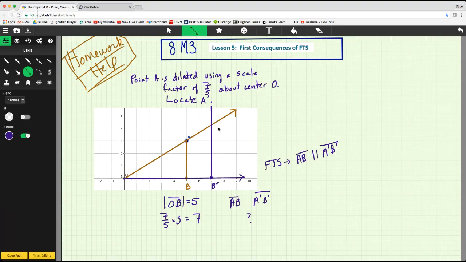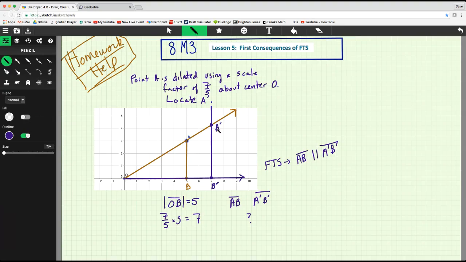And voila, what do we have here? What have we found? We found A prime. Because we know this line's got to be parallel to AB, but A prime has also got to be along this line here, because that's the line from the center of dilation.